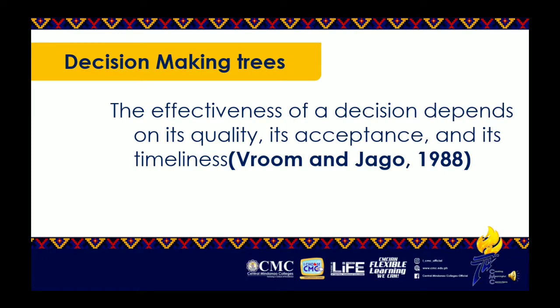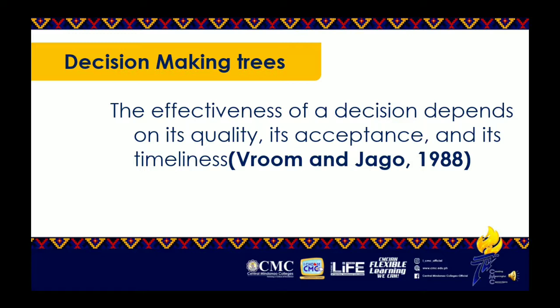Now let's proceed to decision-making trees. The effectiveness of a decision depends on its quality, its acceptance, and its timeliness, according to Vroom and Jago. Decision-making trees allow an individual to foresee possible decisions that arise by following a set of rules.